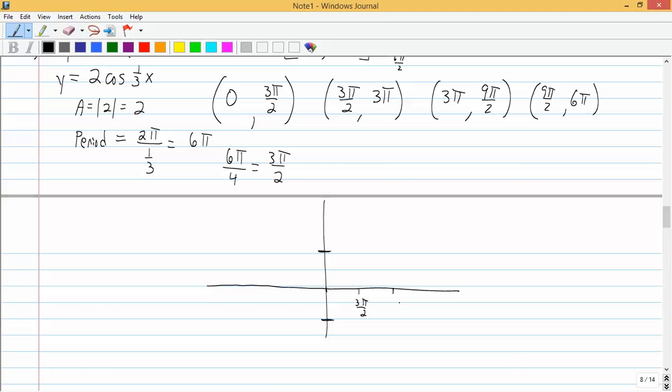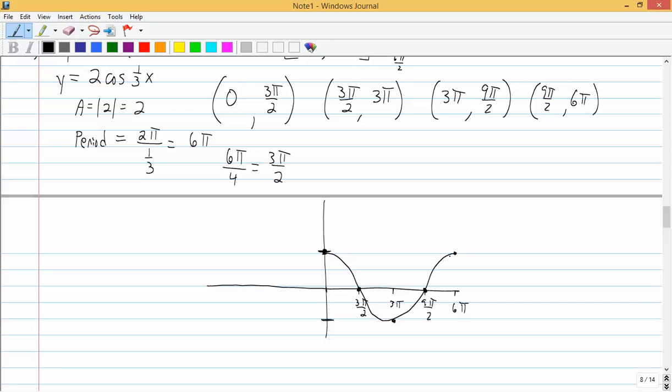My next point is 3 pi. My next point is 9 pi over 2. And my last point here is 6 pi. Remember, and we're graphing cosine here. We're not graphing secant. Cosine starts at a high point, then we cross, then we have a low point, then we cross, we end up at a high point.